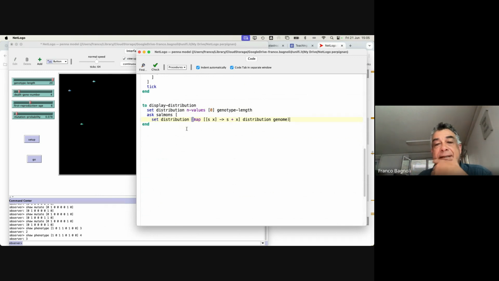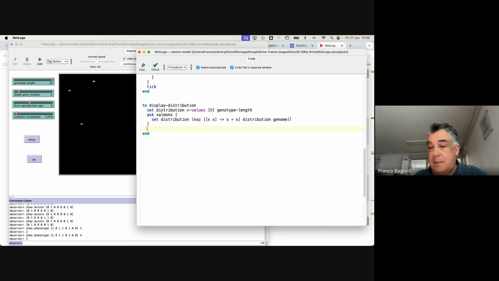So I pass to map the distribution so far and the genome. It takes one element from this, one element from this, and they are summed and put at the same position, like a vectorial sum of distribution and genome.